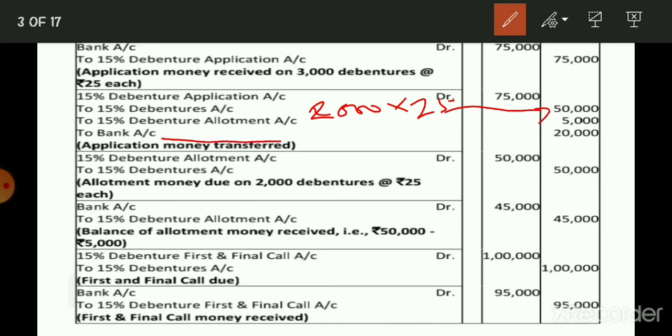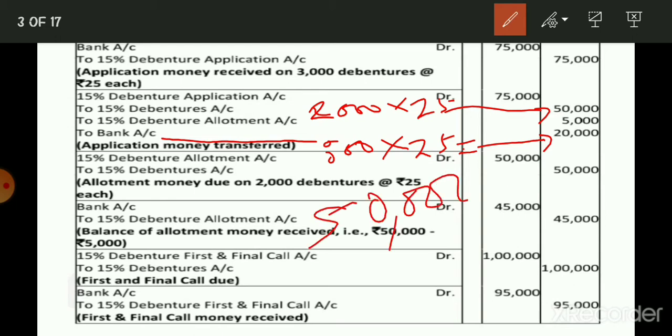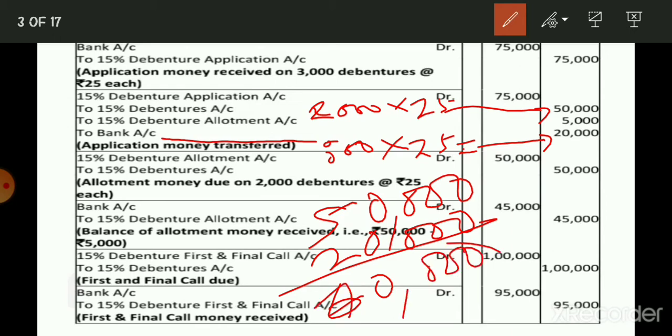As on 800 debentures we rejected the applications, the 20,000 will be refunded. How much money is remaining? 50,000 plus 20,000, that is 70,000, and the remaining amount is 5,000, that will be transferred to the allotment.